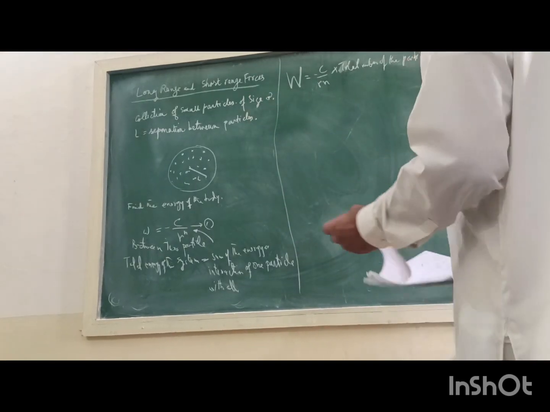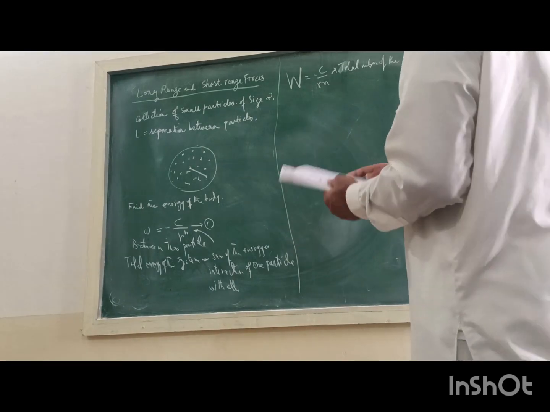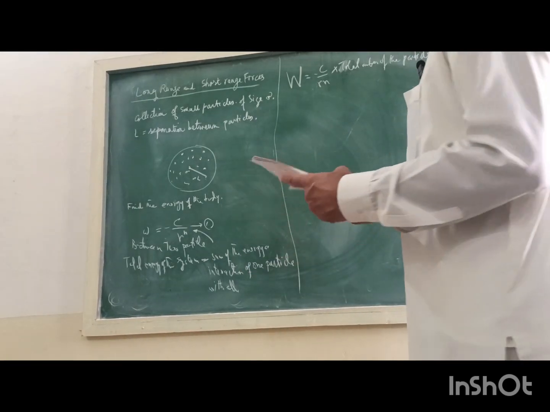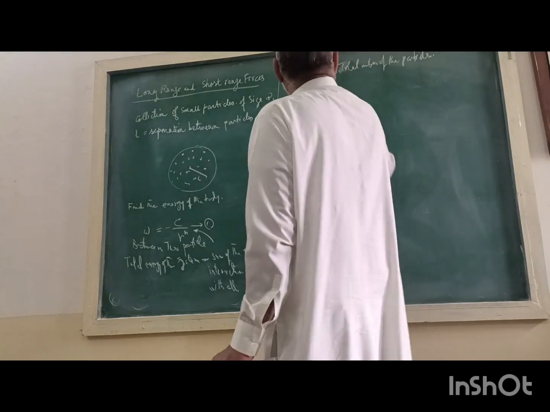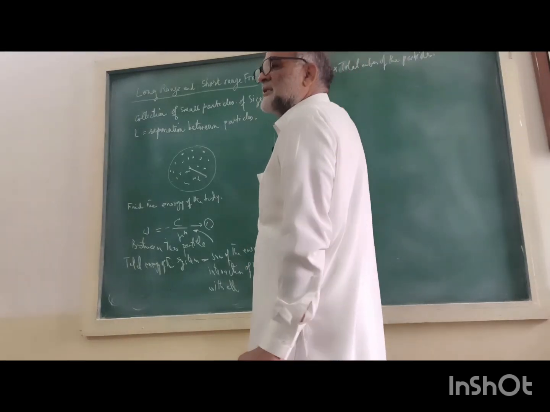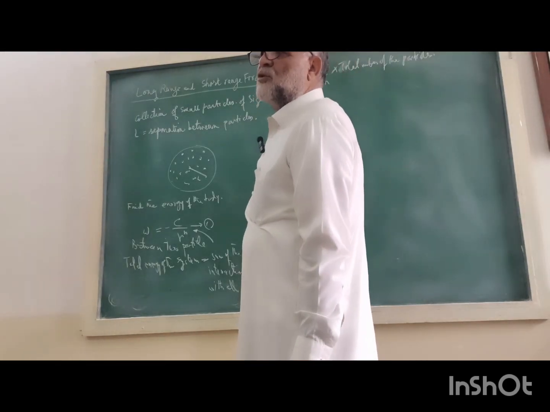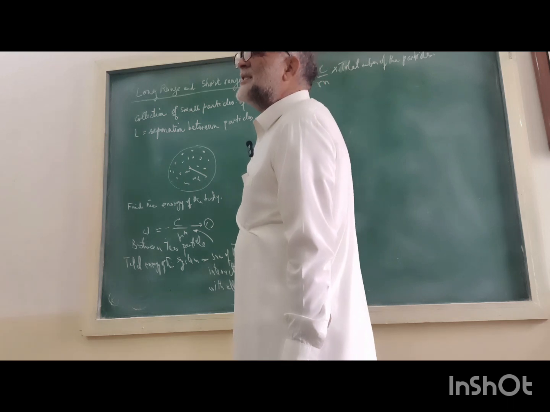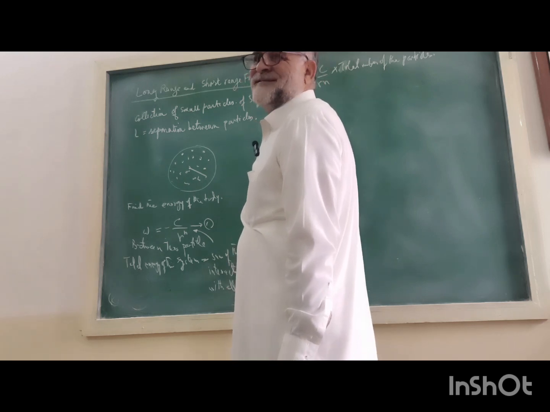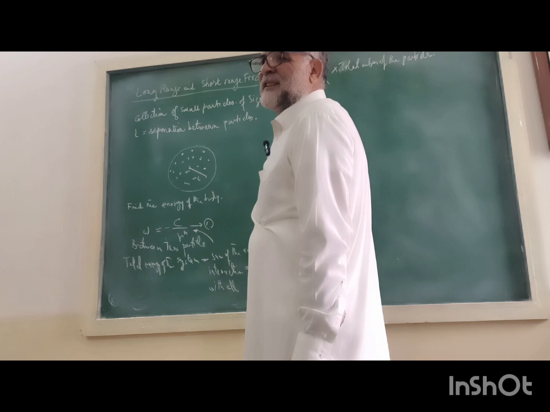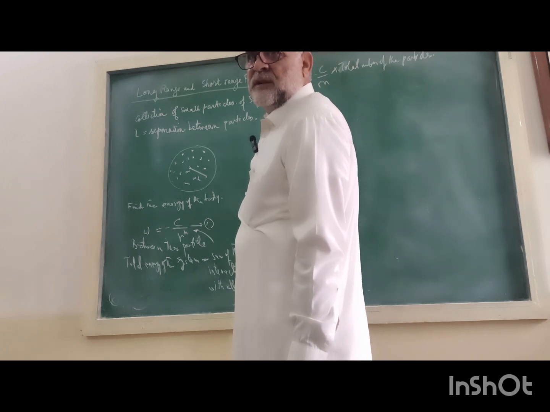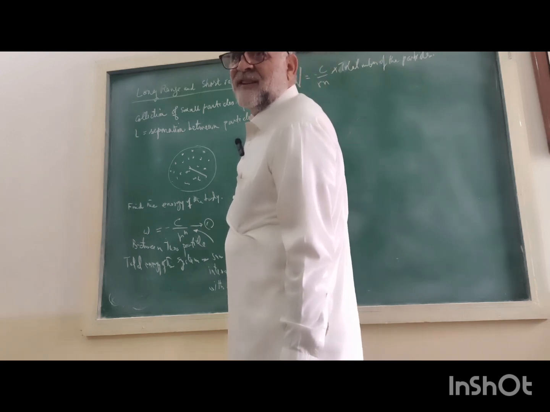Okay. So we can write this in mathematical form. The total number of the particles can be written as the number of particles per unit volume integrated over the volume.